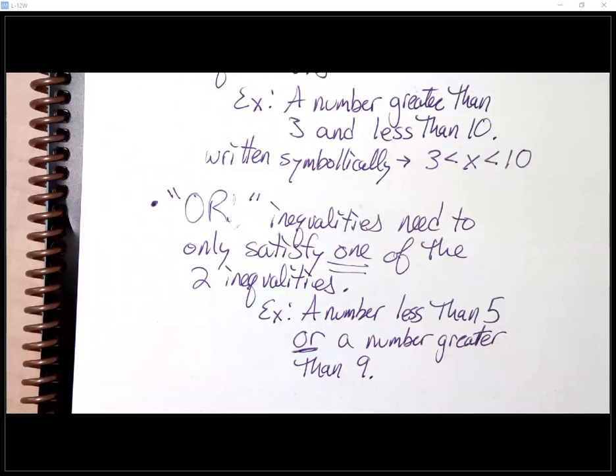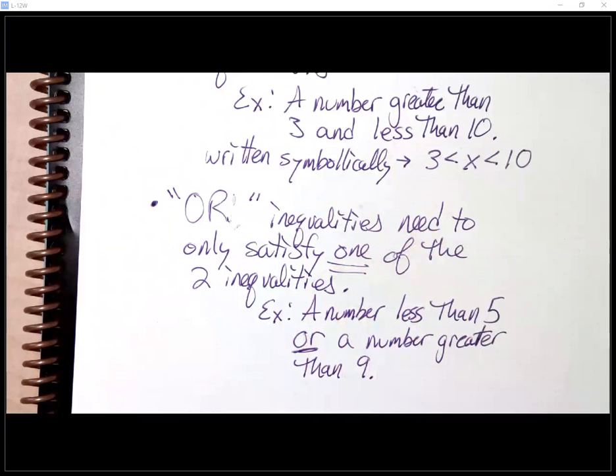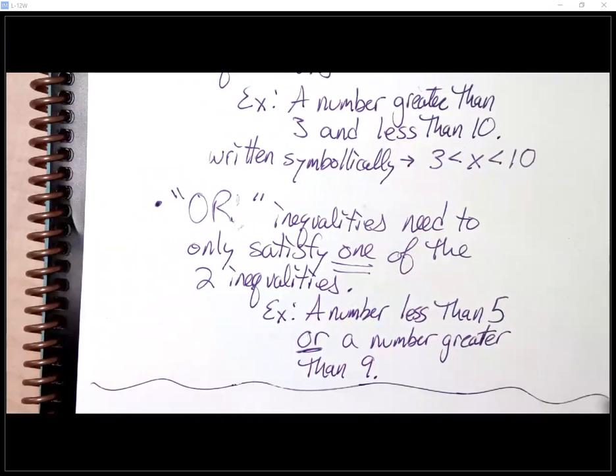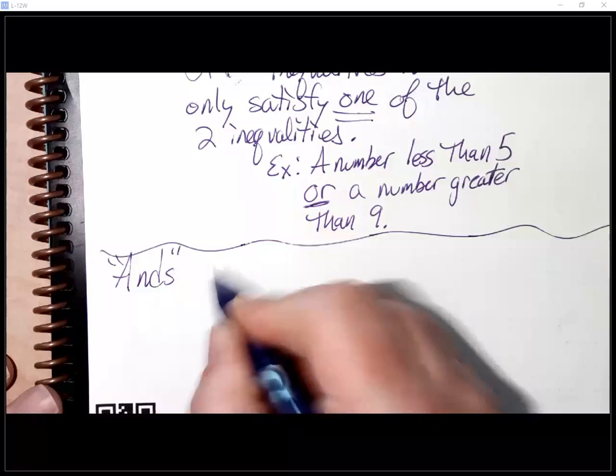So again, we'll look more at these tomorrow, but I just wanted you to have an overall view. I have ands and ors. All right, let's focus our attention to these ands and how they kind of work. So ands can be written 2 different ways.